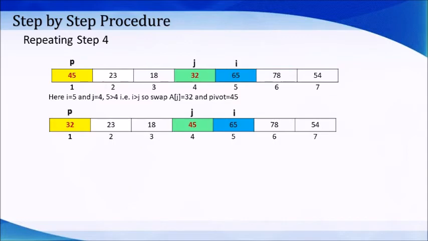If 5 is greater than 4, we need to swap the element where j is pointing, that is a of j, with the pivot element. So in our case, j is pointing to element 32, the pivot element is 45. So we are swapping 45 with 32.